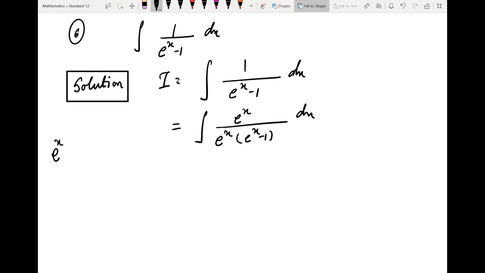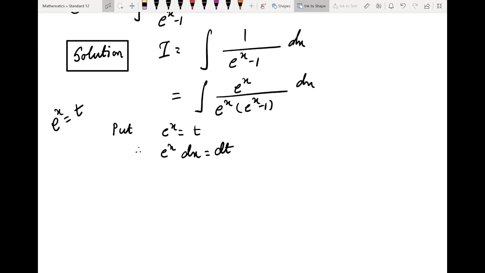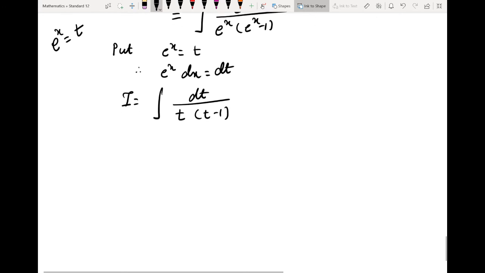Actually a hint is given: use the substitution e raised to x equal to t, but by practice you will easily get the idea. Put the substitution e raised to x equal to t, differentiate both sides, so e raised to x dx equals dt, and therefore integration I equals integral of dt upon t into t minus 1. So again it is now a well known form.